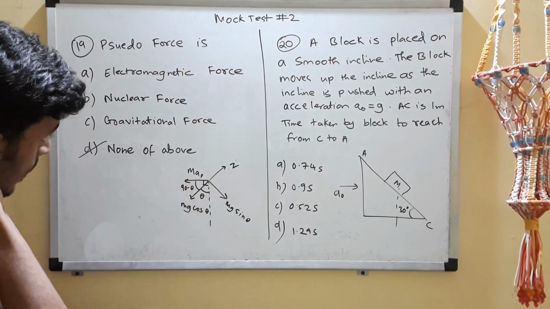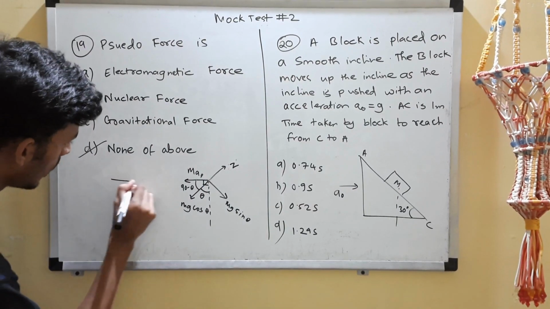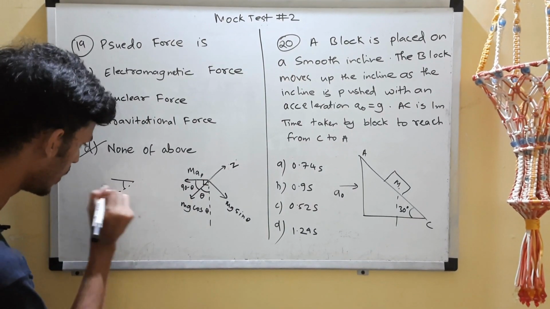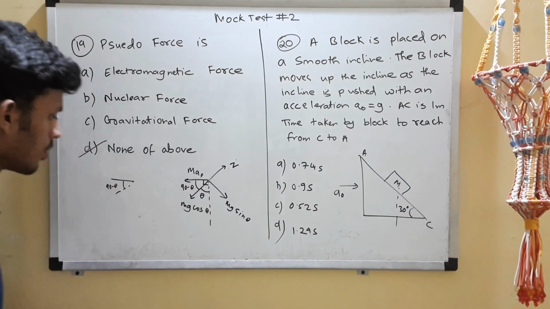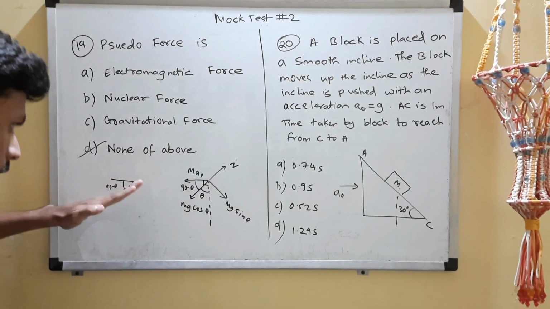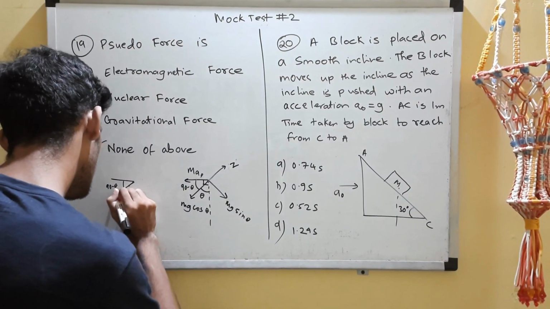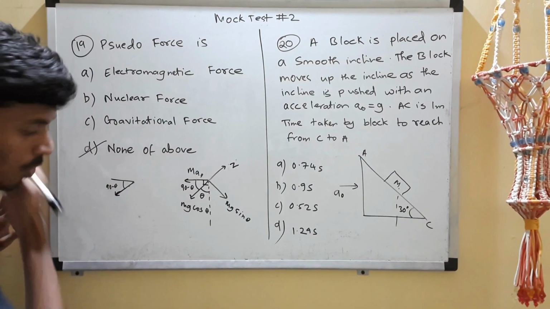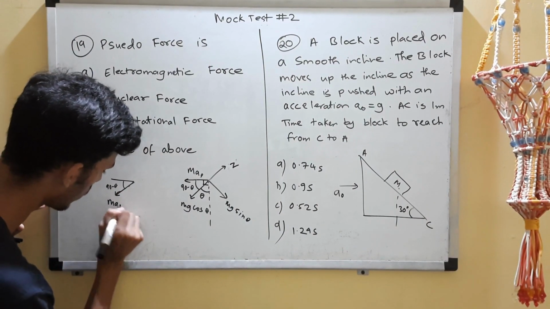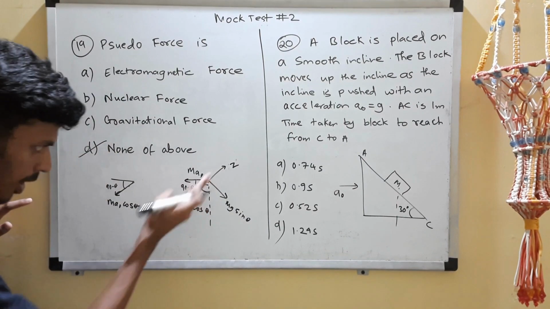Now I'll break this ma0 into two components. So ma0 along this line I'll break. This is 90 minus theta, so adjacent to theta is cos theta. Okay, so ma0 cos theta, and it will be along this.